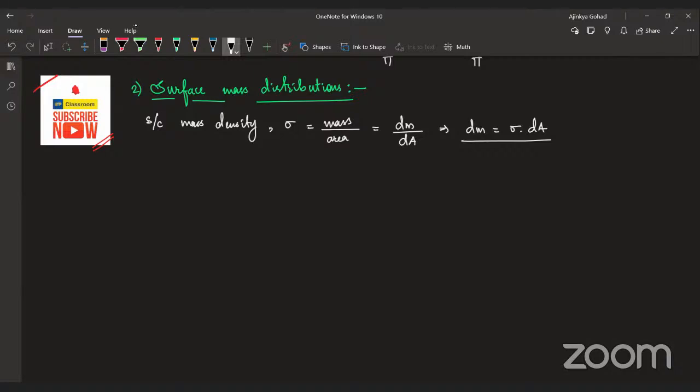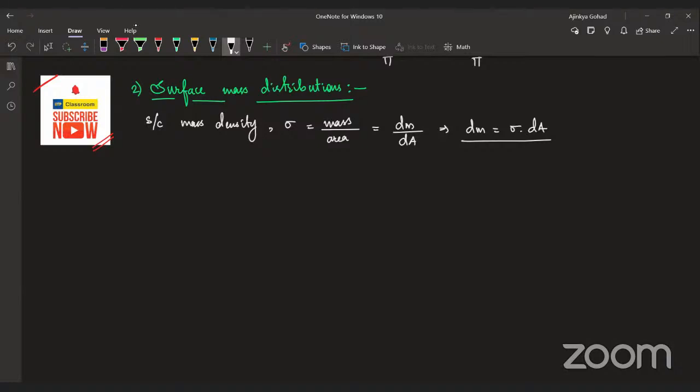Basically, any surface or plate of any arbitrary shape can be considered a surface mass distribution. Also, some closed figures which are hollow inside will be considered surface mass distributions.